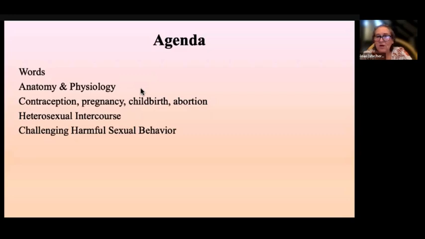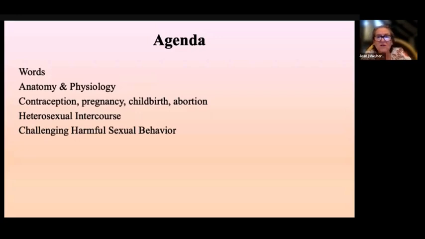First, we're going to talk about words, then anatomy and physiology. We're going to talk about contraception, pregnancy, childbirth, heterosexual intercourse, and then how do we challenge harmful sexual behaviors or behaviors that result in harmful sexual outcomes like gender-based violence, sexually transmitted infections, and so on.